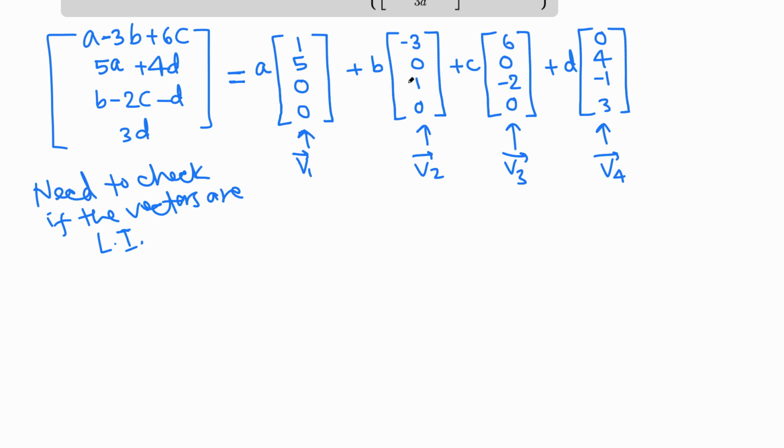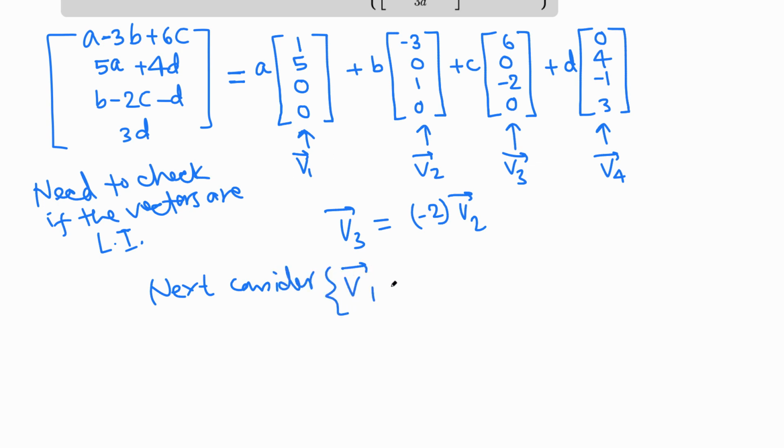So we don't need one of them. v3 is in fact negative 2 times v2. So in this collection we can disregard one of them. Now next consider just v1, v2 and v4.